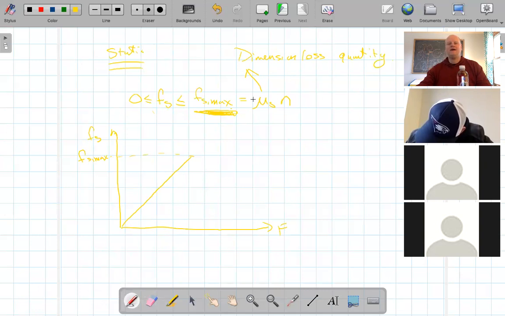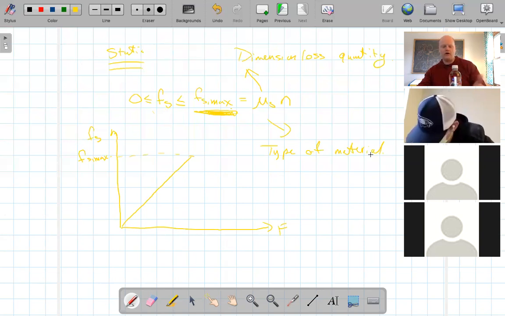This is also determined by the type of material. Different types of materials will have different coefficients of friction. So if I was pushing this on wood versus plastic versus ice, each one of these has a different coefficient of friction because it's dependent on the type of material.